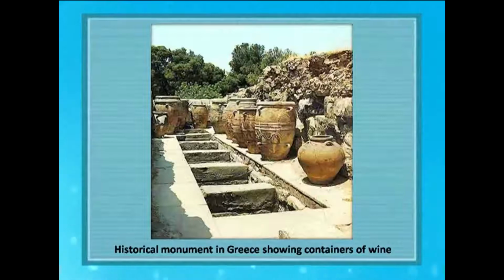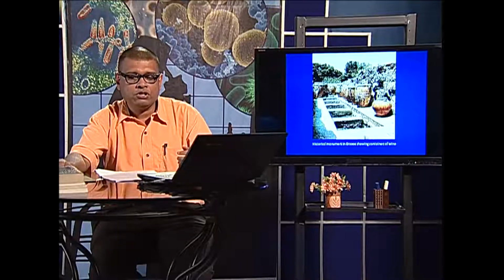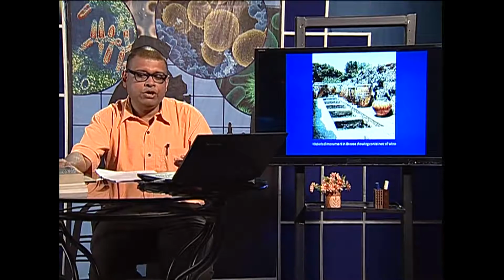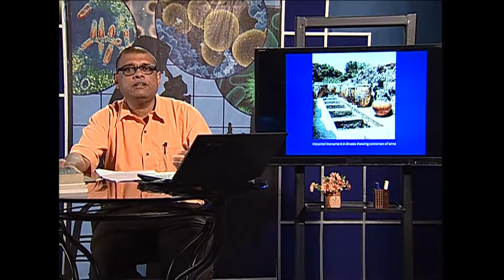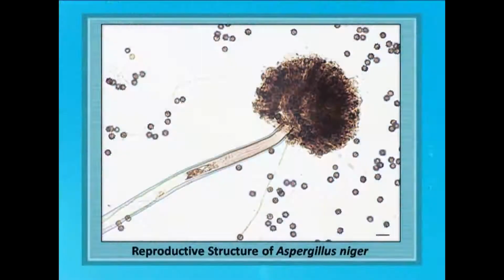As seen in this picture, there are specific storage pots to store wine, produced due to bacterial or fungal fermentation. Of course, much later, it was Currie in 1917 who employed this fungus or mold, Aspergillus niger, in the fermentation process for generating organic acid. And this is the fungus Aspergillus with the conidia.